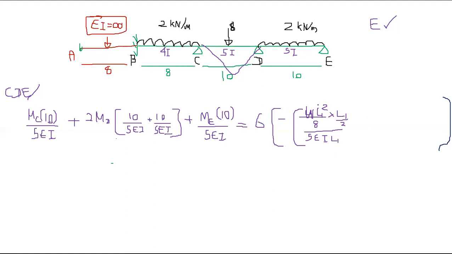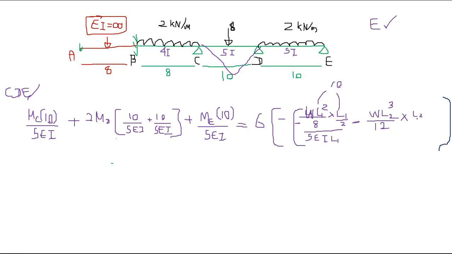No problem. L1 is 10. L2 is also 10, right? So I will write L1. So this is sagging, so this is negative, right? The second one is also negative, so that's UDL, WL2 cubed over 12. So that's the area of the curve, right? You remember?